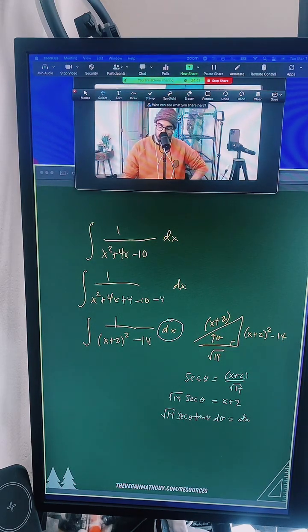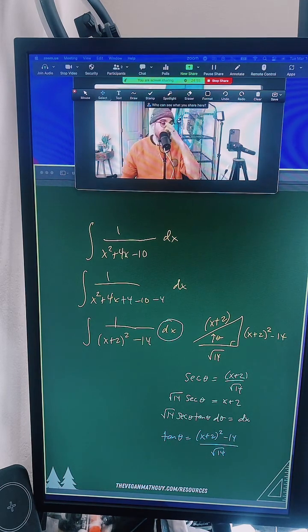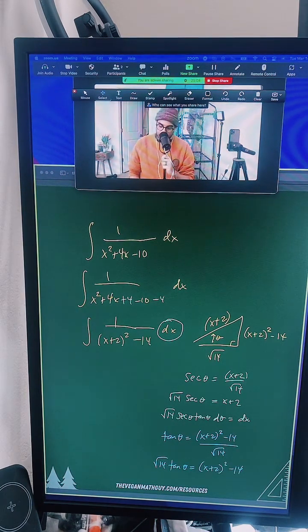And then now we're going to say that tangent of theta is equal to x plus 2 squared minus 14 all over root 14. This is just looking at the triangle that we have. Tangent is opposite over adjacent, so that's why we have that. So if I multiply the root 14 to the other side, we get root 14 tan theta is equal to the square root of x plus 2 squared minus 14. And that's going to help us write out the value for the denominator in the integral.